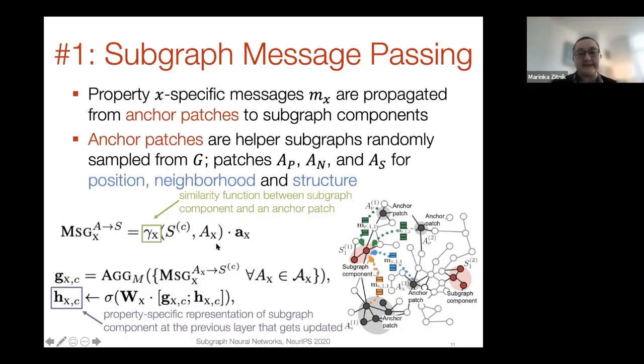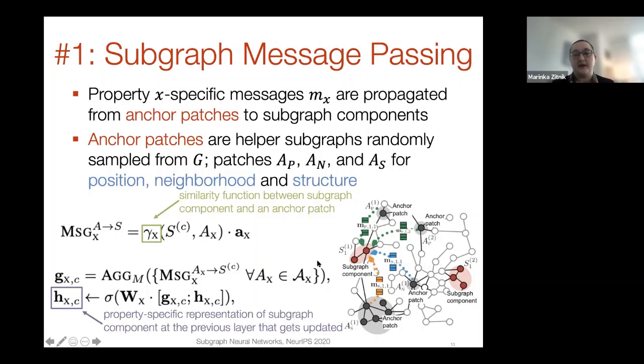This step is then repeated for many anchor patches that are sampled. So there are many messages sent to the subgraph component, and a set of those messages arrive at the subgraph component. Then the second step of the algorithm is an aggregation function that takes that set of neural messages and aggregates them into a single embedding that captures the structure, position, or neighborhood of that subgraph component.